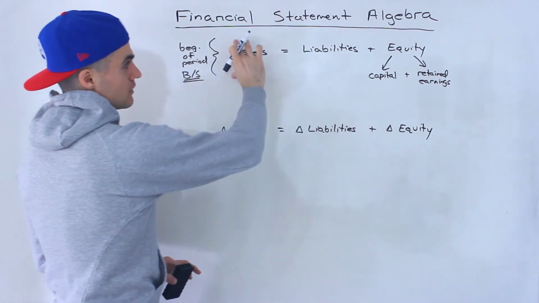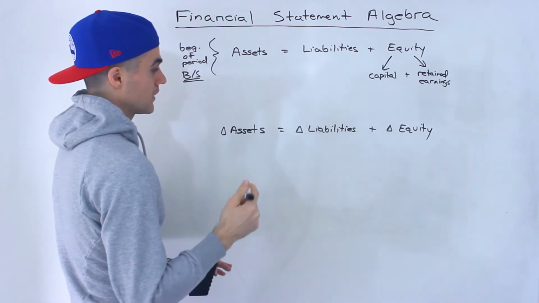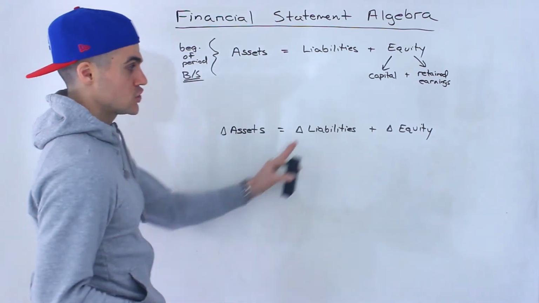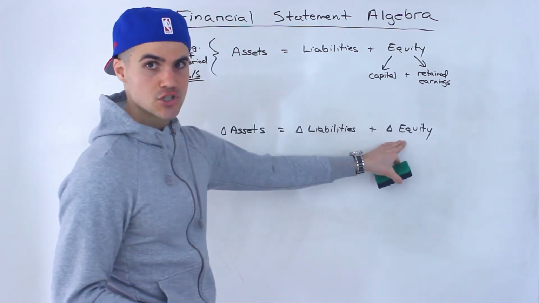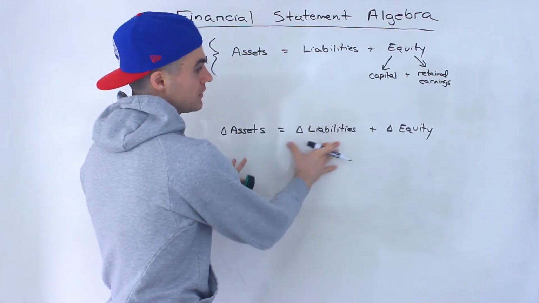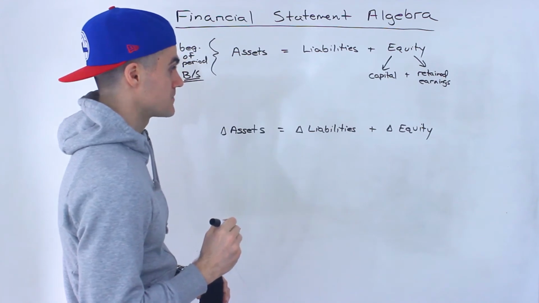Now, notice here, this equation held assets equals, as we know, liabilities plus equity. Well, also during the period, a change in assets is equal to a change in liabilities plus a change in equity. So if they give you, for example, a change in assets and a change in liabilities, right away, we know we could figure out what the change in equity is.